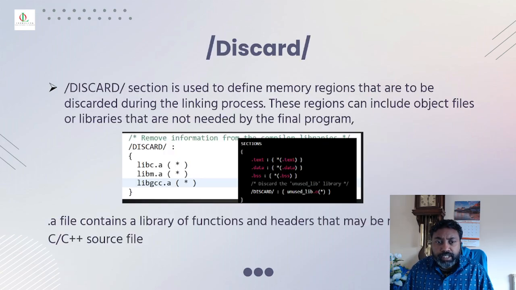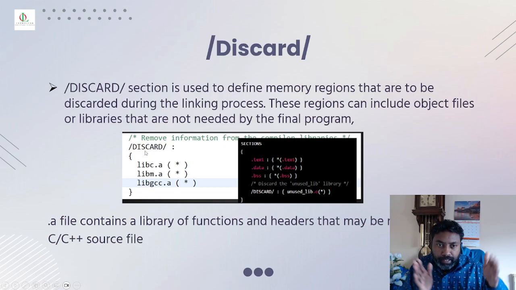And discard section. Discard section is used to define memory regions that are to be discarded during the linking process. These regions can include either object files or libraries that are not needed by the final program. So in this example, you have a piece of information which says discard, and that's how you have to write it.